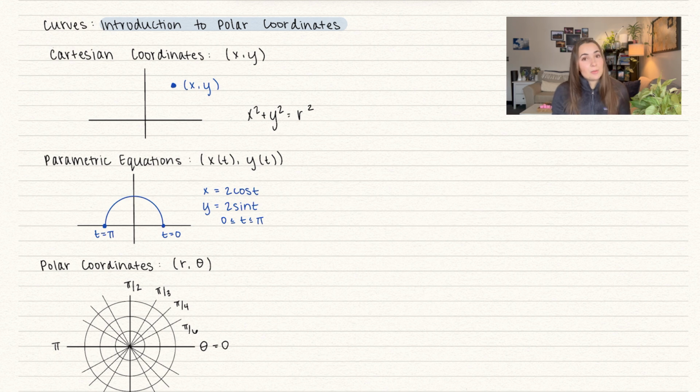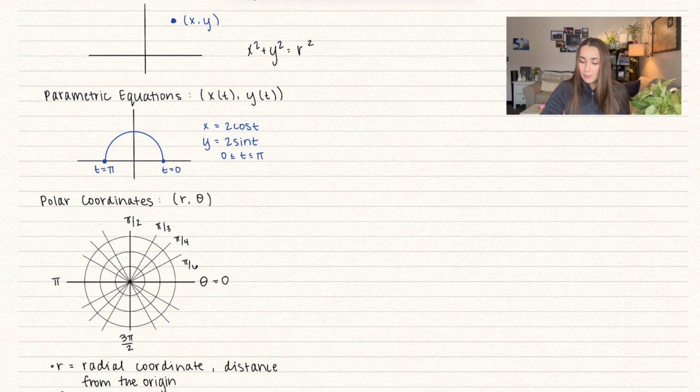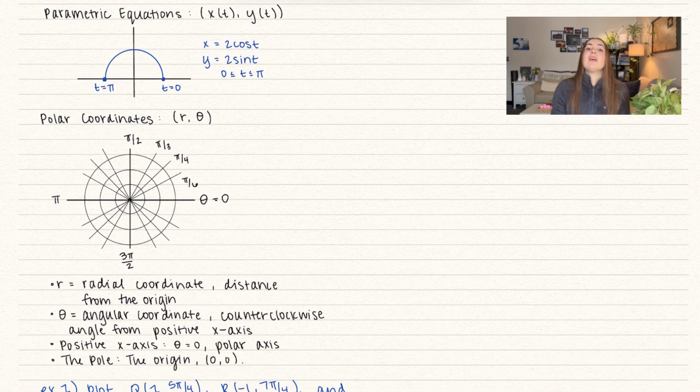There is another way that we introduce only working with curves, and it's going to be the polar coordinate system. So now, instead of x and y, we're going to be working with r and theta. R represents the radius and theta represents the angle. So let's go ahead and talk about what this looks like. First of all, let's just talk about the circles.